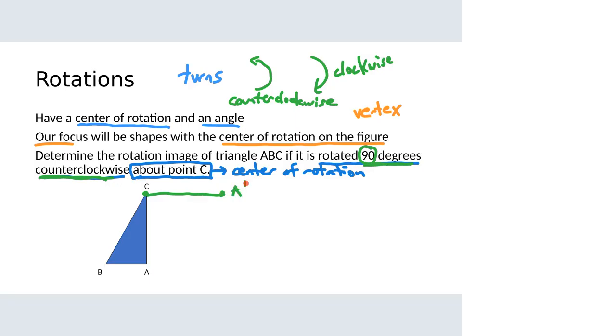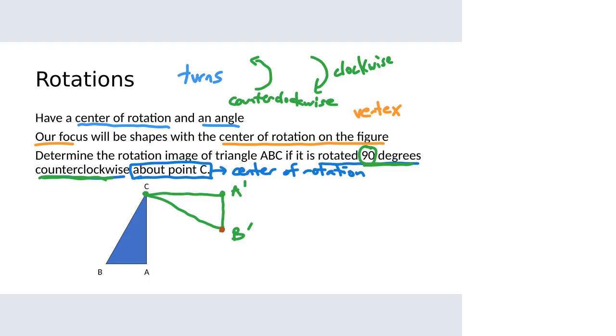Now, I'm not sure I see this yet. Well, I have this line here from A to B that's horizontal. If I rotate 90 degrees, now that line's going to become vertical from A prime to B prime. And now I have all the vertices I need to make my triangle.